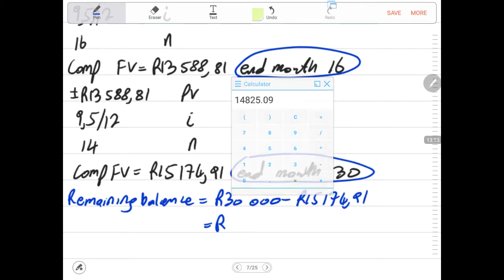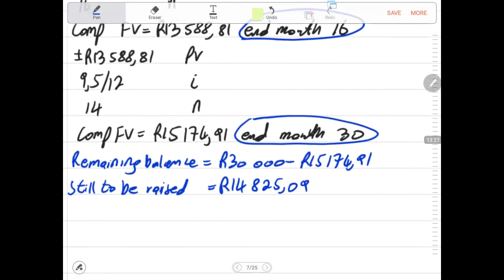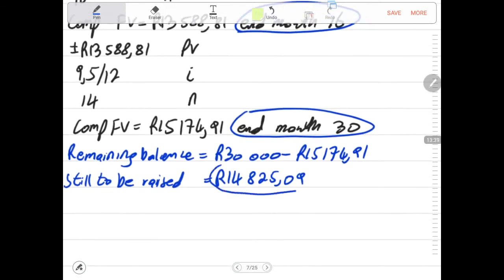Then the amount that still needs to be raised is 14,825 rand 9 cents. This is the remaining balance, or still to be raised, meaning the amount that needs to be raised in order for us to get to the 30,000 rands. So we still need the 14,825.09 in order for us to get to the 30,000 that we need.